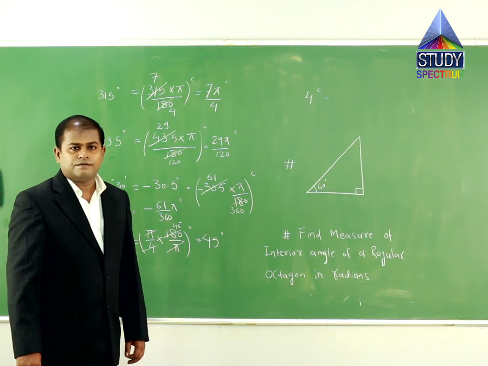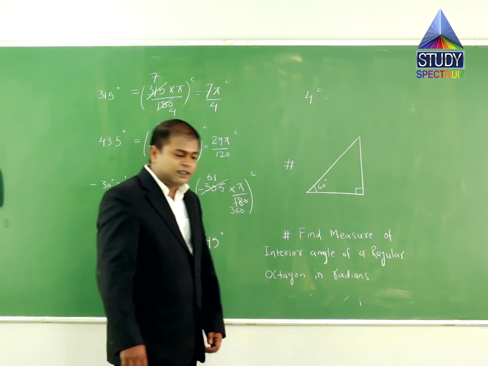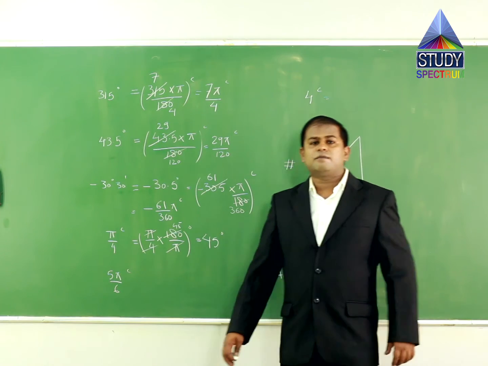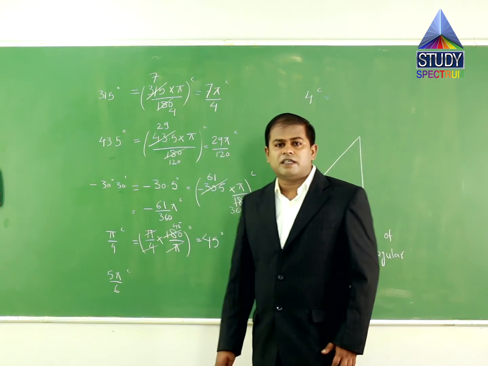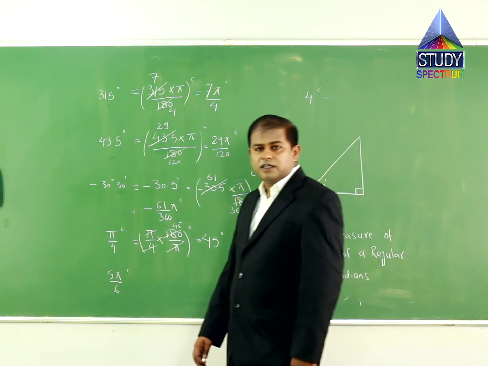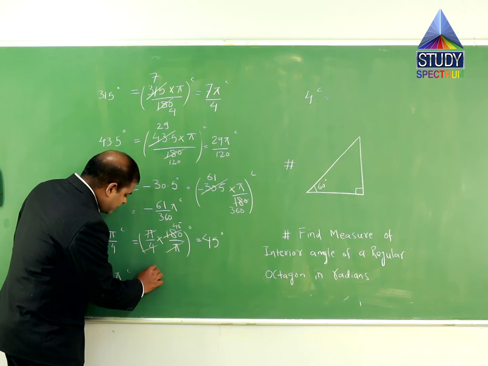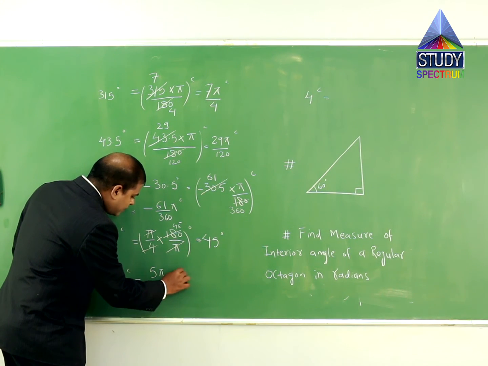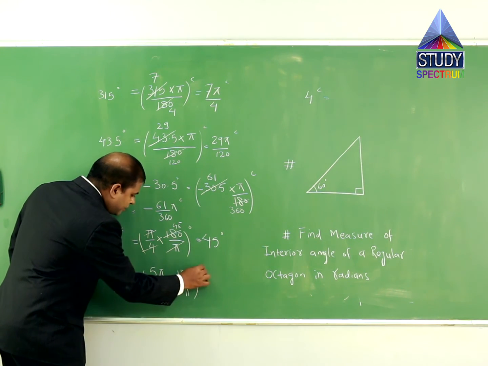Right? Okay, next one. Again we have a radian measure of an angle, and that is 5 pi by 6. Question is how to convert into degrees, how to obtain the corresponding degree measure. So I'll multiply once again with 180 by pi to obtain degree measure.